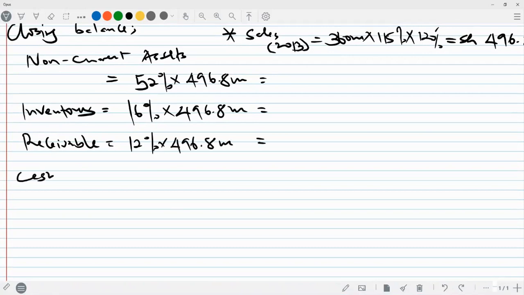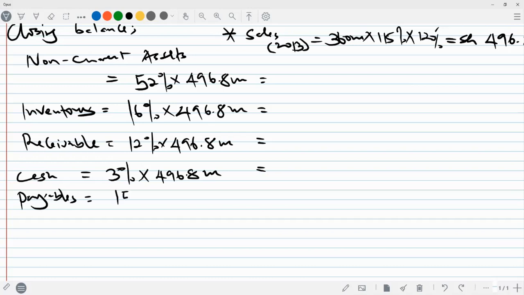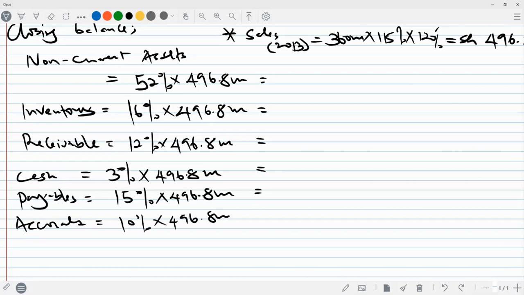Then you have cash, which will be 3% of the sales, 496.8 million. We have payables, which will be equal to 15% times 496.8 million. We have accrued expenses, which will be 10% times 496.8 million, giving us 49.68 million.